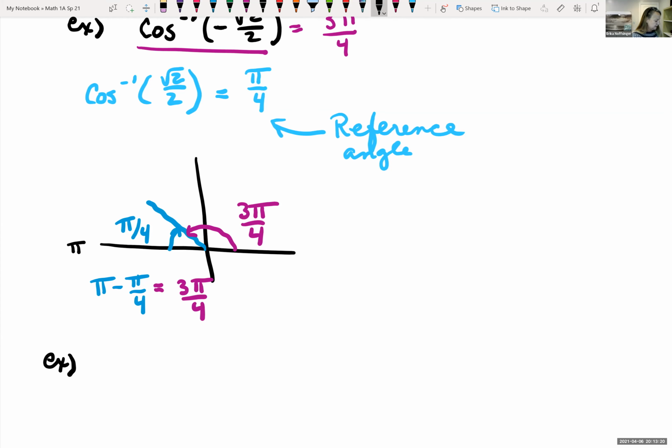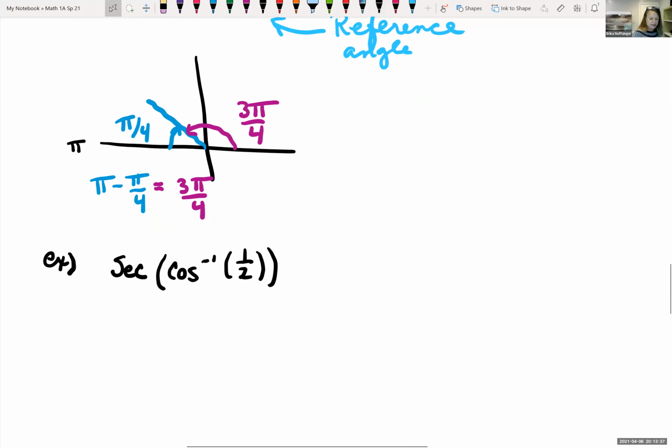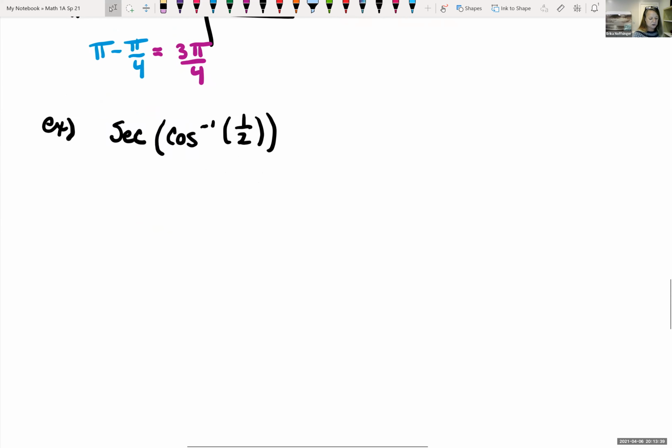Let's say it was secant of cosine inverse of 1/2. It wants us to find these values without using a calculator or the unit circle.